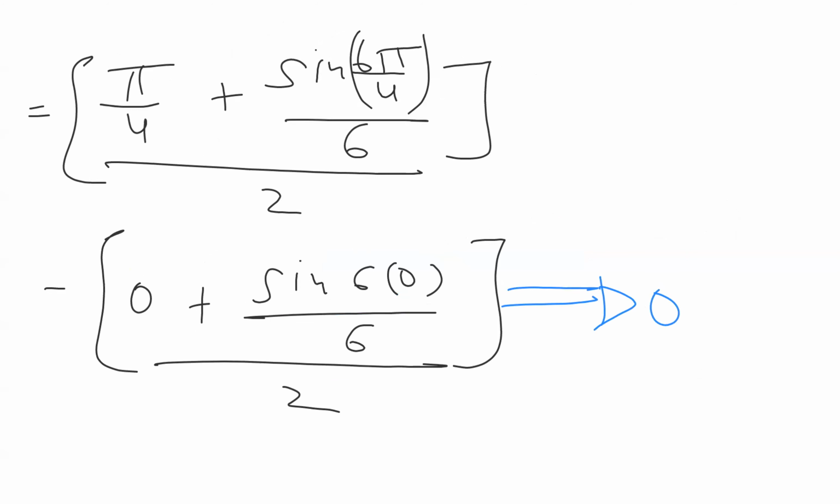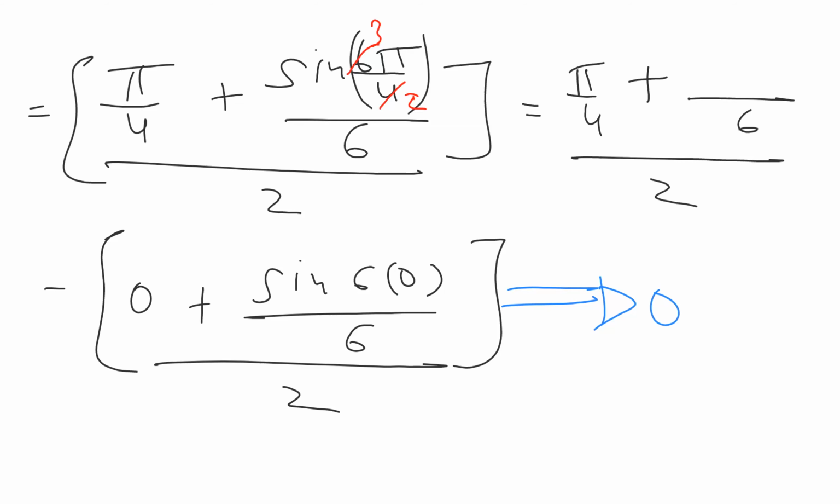First box will simplify. This will be 3 by 2. So pi by 4 plus sine 3 pi by 2. 3 pi by 2 is sine 270, because 3 into 180 by 2.